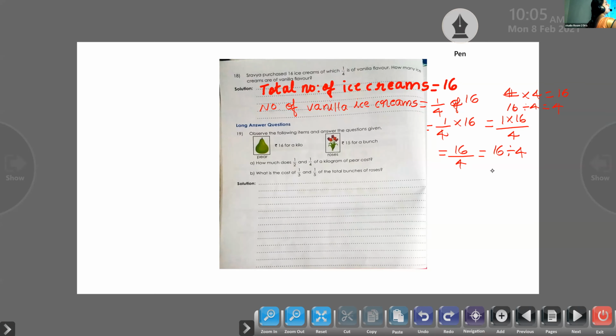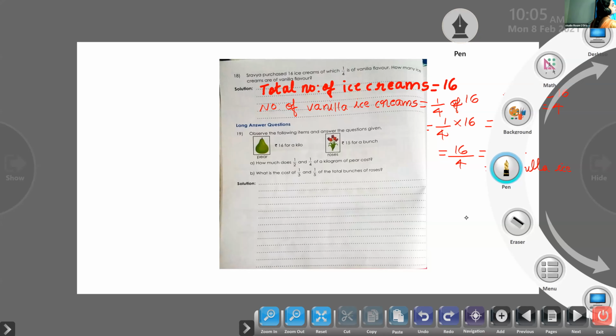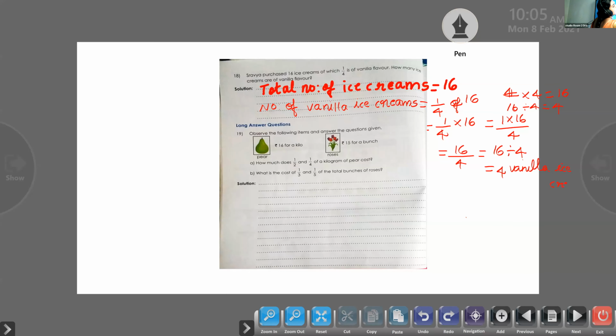So, you will get 4 vanilla ice creams. 16 divided by 4 is equal to 4, because 4 fours are 16.